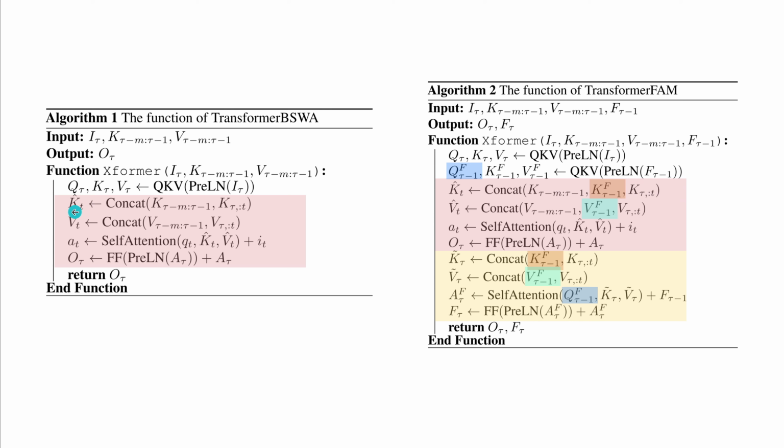Concatenation of k from tau minus m to tau minus 1. And then we have this new term from our feedback. And this happens to the keys, and this happens to the values, plus in the second operation, this happens again.